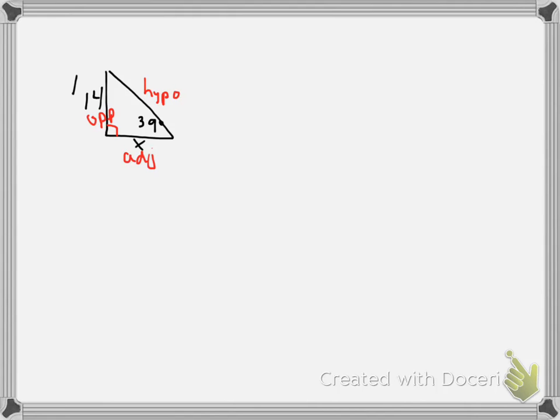So, which trig function, SOHCAHTOA, has, well, we have here opposite and we have adjacent. That was what we want.